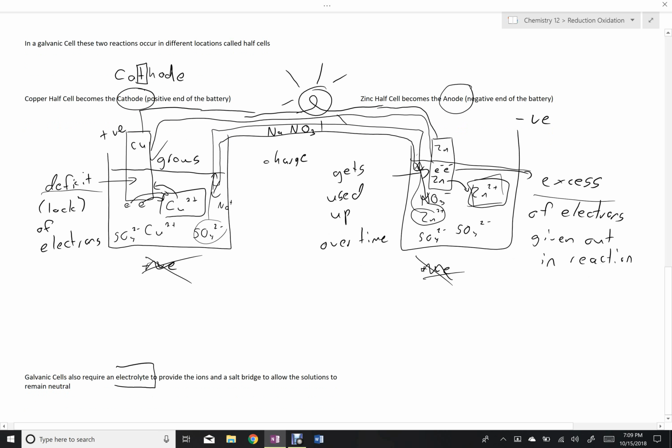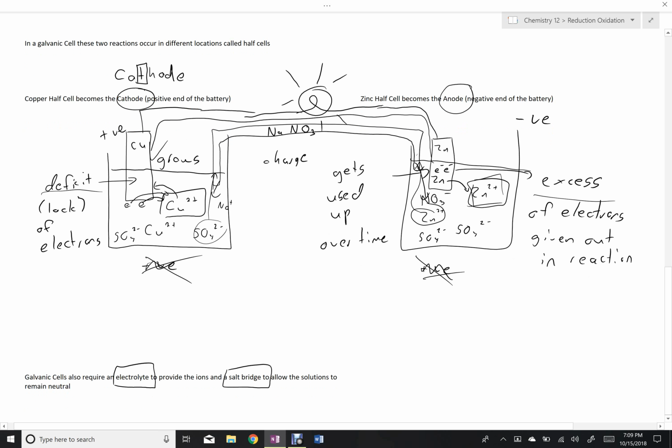The charged ions in solution we call an electrolyte, and the bridge that keeps the charges from building up but allows them to flow from one solution to the other solution to allow both solutions to remain neutral, we call a salt bridge.